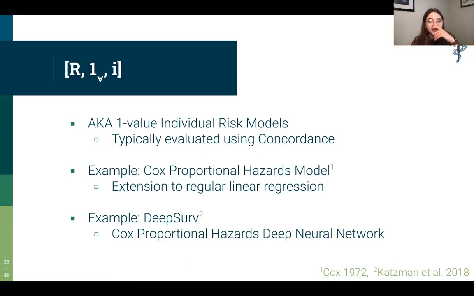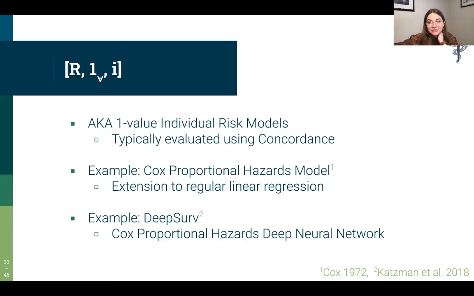This first one is models that fall into the class where there is one value predicted on an individual basis that gives a risk score. These are most often evaluated using concordance, again, because risk is good for ranking.